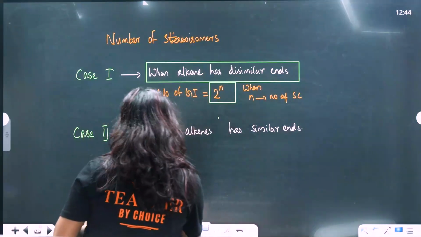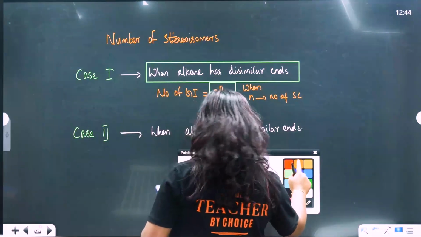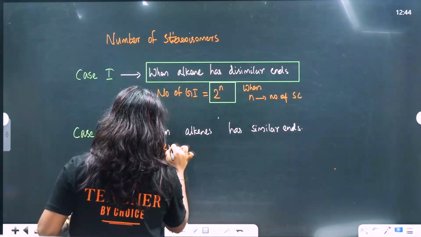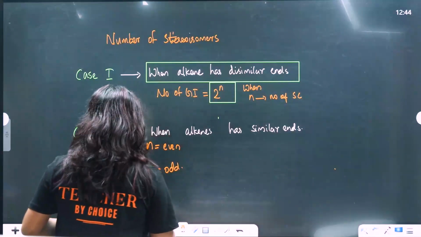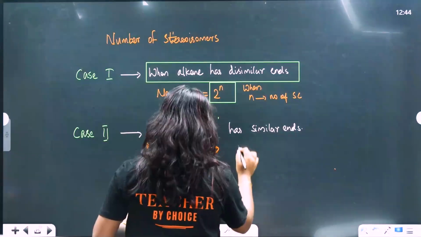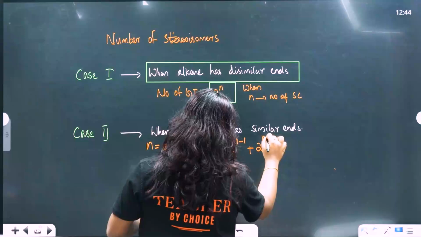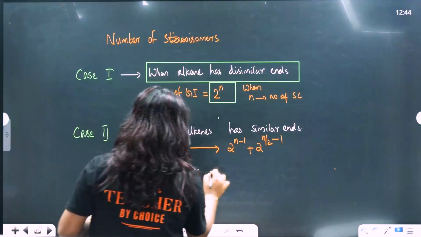If they have similar ends, there are two conditions: when n is even and when n is odd. When n is even, the formula is 2^(n-1) plus 2^(n/2 - 1).